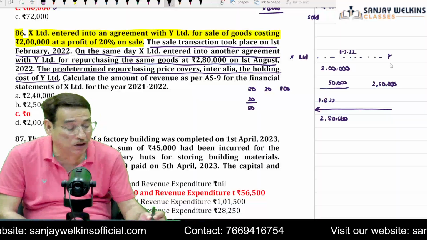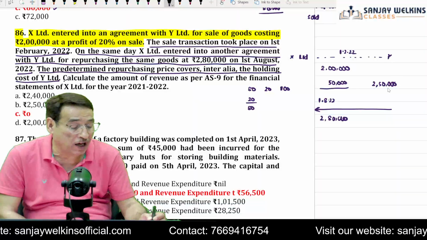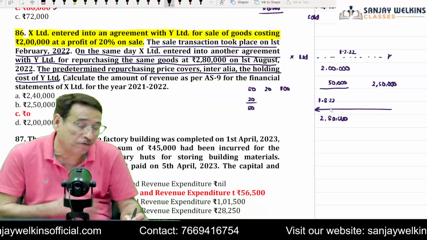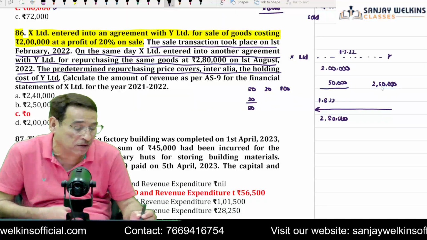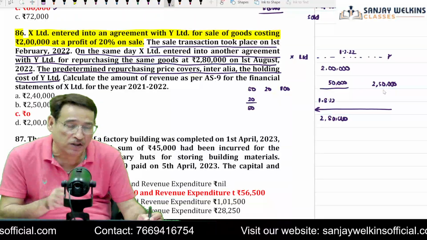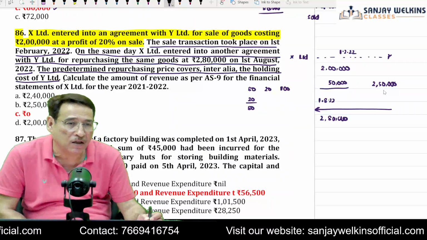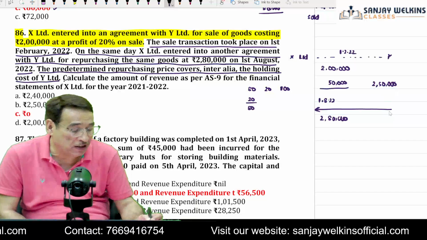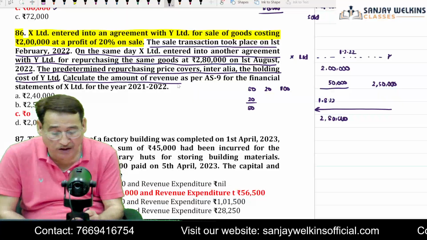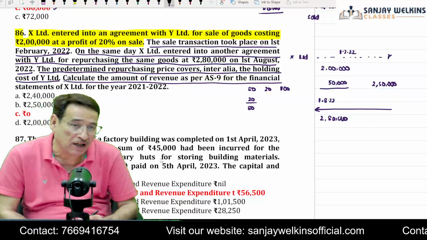Because we have sold the goods to Y Limited, Y Limited will have to keep the goods up to 1st of August, because on 1st of August we will have to repurchase the goods. So some cost will be incurred by Y to keep the goods in their custody. That is known as holding cost. So that is why they will sell it back to us for 2,80,000. Calculate the amount of revenue as per AS9.